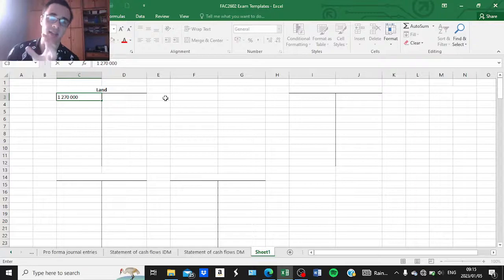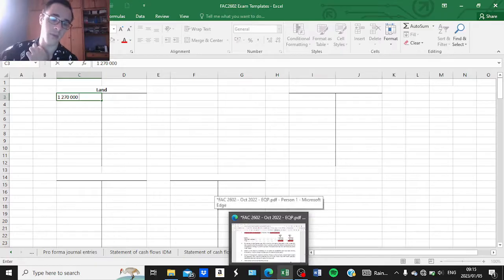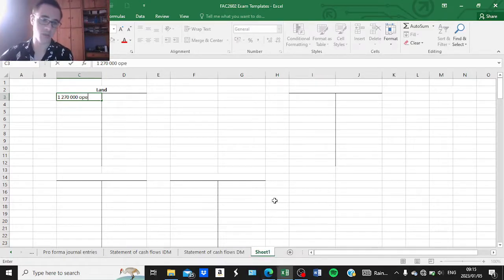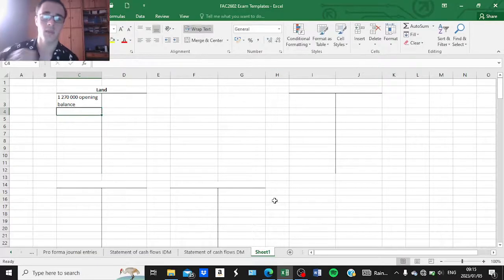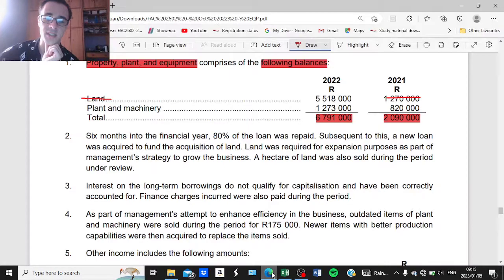Remember that land is a non-current asset and our assets will have debit balances, right? So the opening balance is given on the debit side, as you should already be familiar with. So this is the opening balance for land, carried down from the previous year.